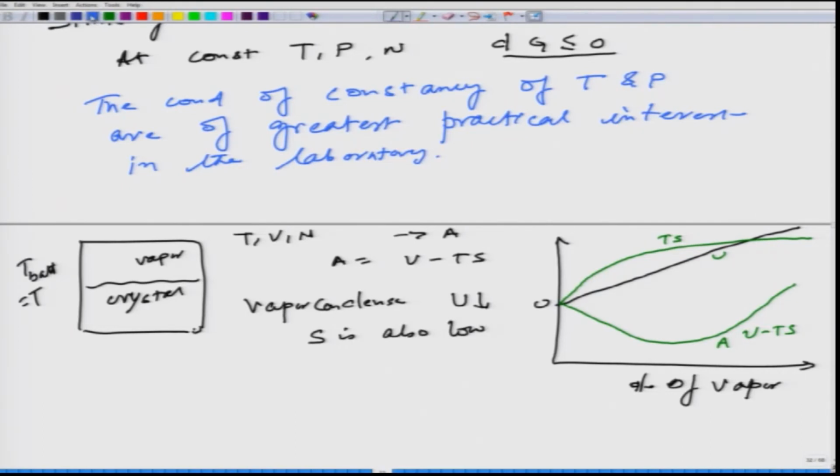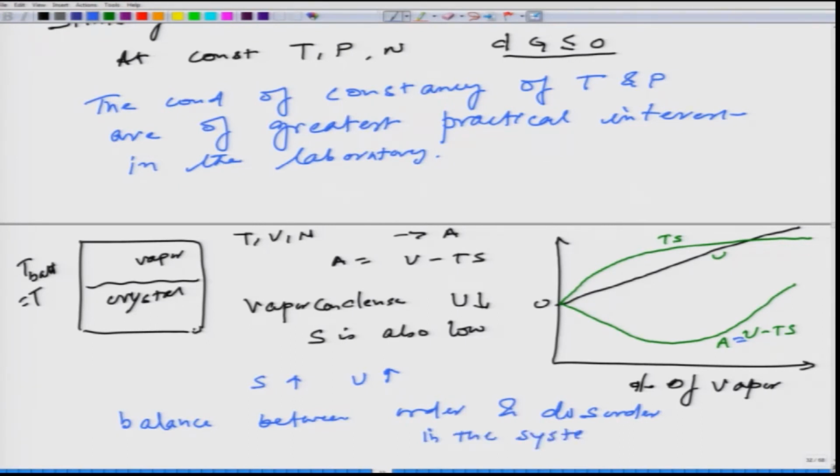On the other hand, if heat is being pumped from the bath, S increases, and so does U. Okay. So, there is a certain balance between order and disorder in order to minimize A. So, the balance between order and disorder in the system leads to a minimum value of A.